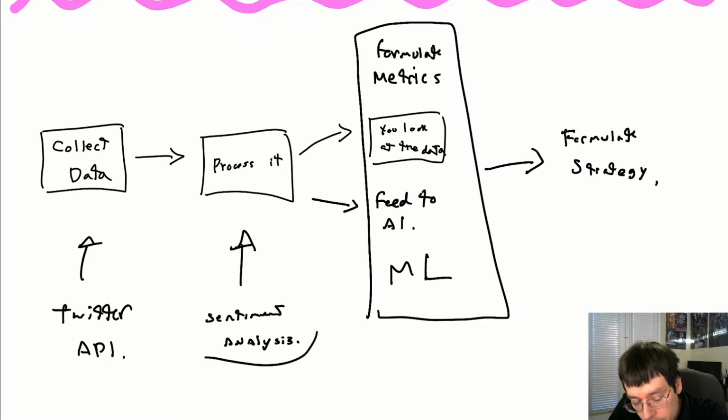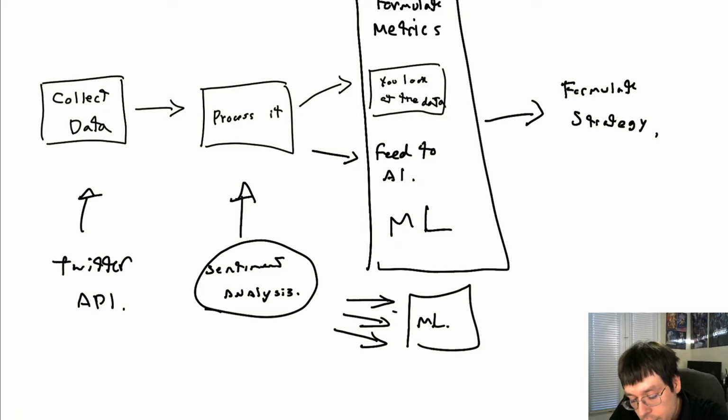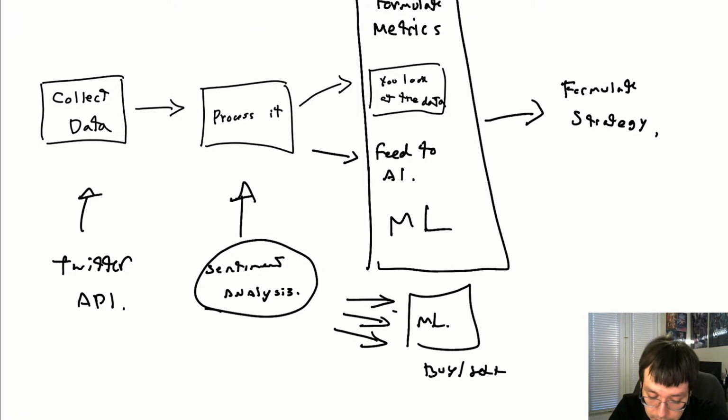So the point is you're doing some processing either here to prepare it for sentiment analysis, or you do the sentiment analysis in this step. Ultimately, you feed those rules or the results of things like that to your machine learning model, which is going to decide whether you should buy or sell the stock. So there's a binary classification, buy or sell, based on things like sentiment analysis inputs, amongst other inputs.